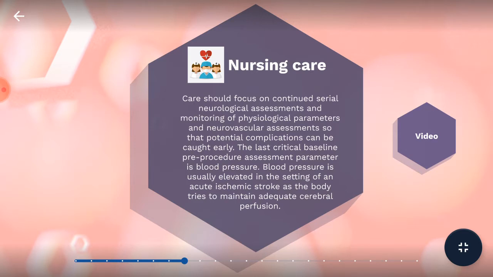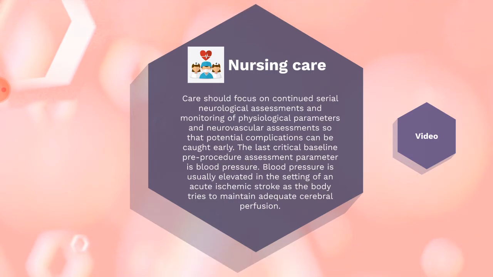The last critical baseline assessment parameter is blood pressure. Blood pressure is usually elevated in the setting of an acute stroke as the body tries to maintain adequate cerebral perfusion.